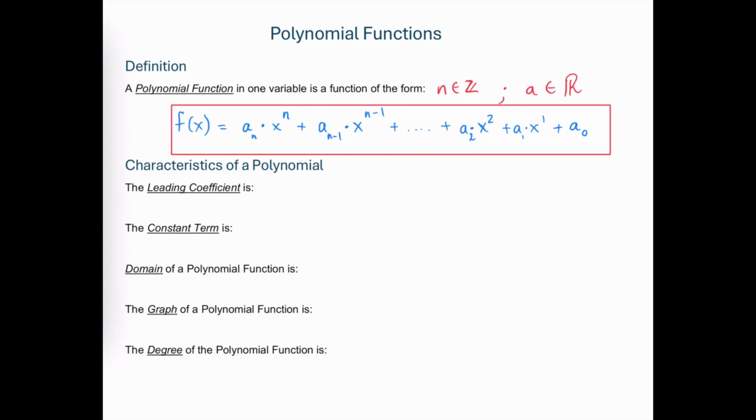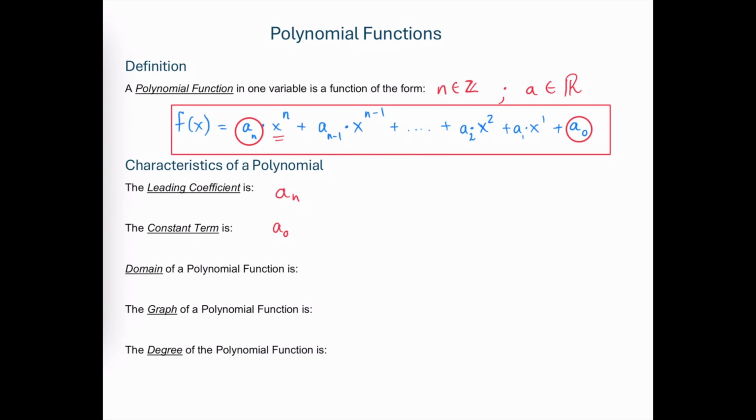Let's identify some of the characteristics of a polynomial. We talk about the leading coefficient being the coefficient on the x raised to the highest power. So the highest power here is x to the n, and therefore a sub n is the leading coefficient. The constant term is a sub 0, or the coefficient on the x to the 0 term, but again we don't write x to the 0 power because that's just equal to 1.